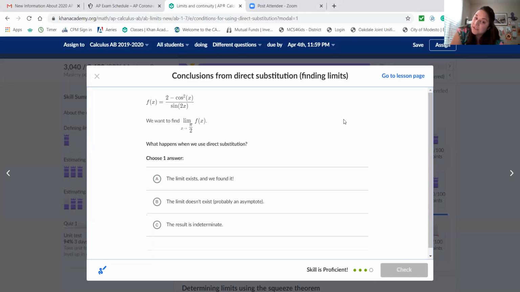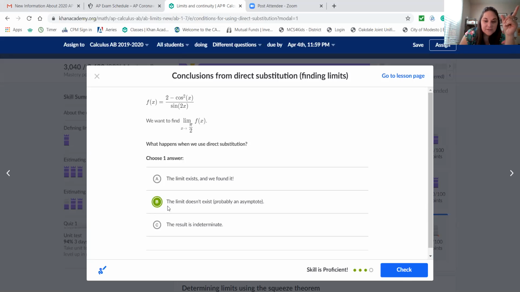However, it's only in the denominator. It is not in the numerator, right? So I just want to get 4 out of 4 here. So I'm going with the limit doesn't exist. It's probably an asymptote. Before I check this, cosine squared of pi halves, that's the 0.